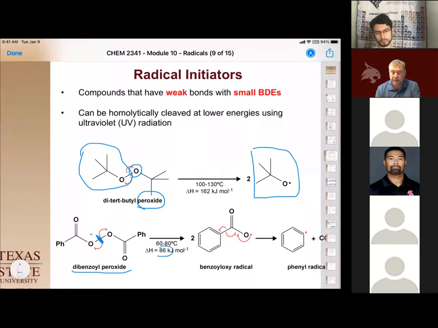It's the one down here below 100, but that radical is stabilized around here and then can generate this phenyl radical and extrude CO2. So that phenyl radical is also nice and stable because it has conjugation around the ring. Okay. So the key here was the low bond dissociation energy to create them. And now they're stable enough to go off and do other chemistry.